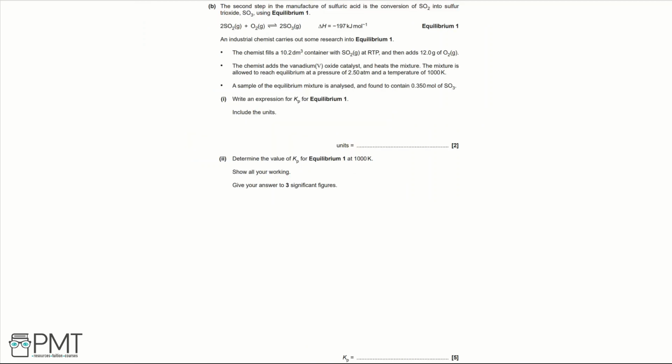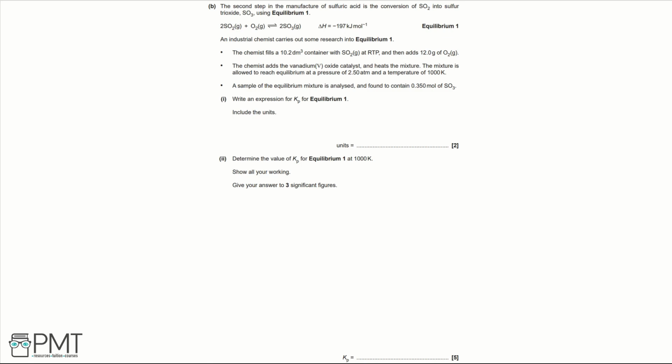Part B. The second step in the manufacture of sulfuric acid is the conversion of SO2 into sulfur trioxide, SO3, using equilibrium 1. An industrial chemist carries out some research into equilibrium 1. The chemist fills a 10.2 decimeter cubed container with SO2 gas at room temperature and pressure, and then adds 12.0 grams of O2 gas.